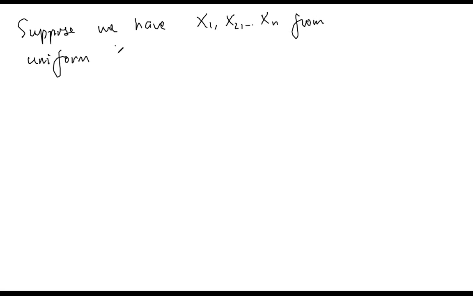Suppose we have x1, x2, xn from uniform 0, 1.